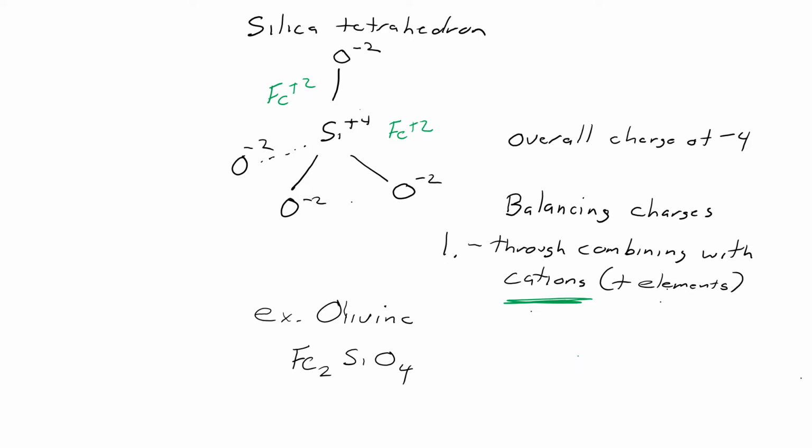There's a second way to reduce the charge of the -4 tetrahedron, and that's through a process called polymerization. Now, chemists call polymerization simply the repeating of a chemical group over and over again.